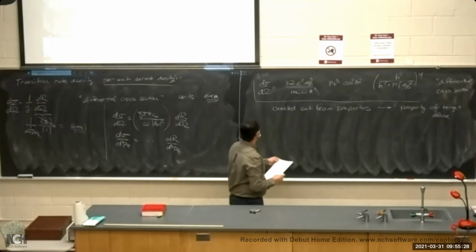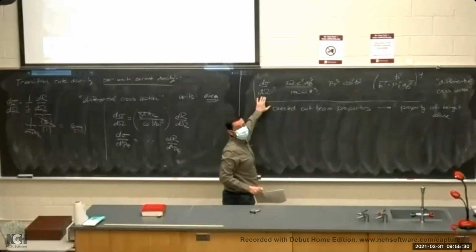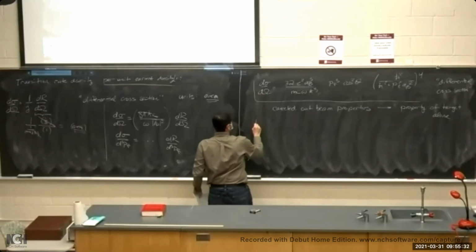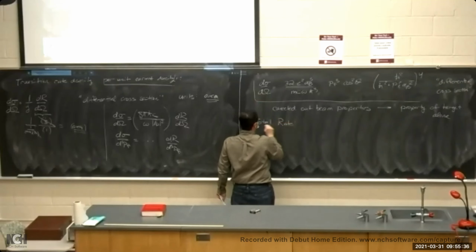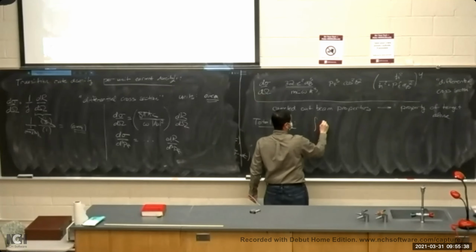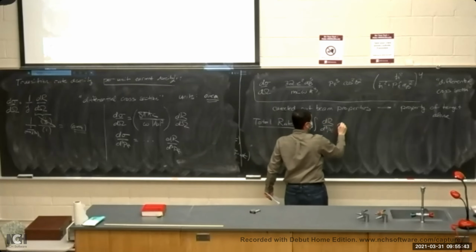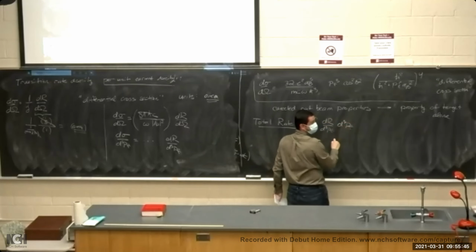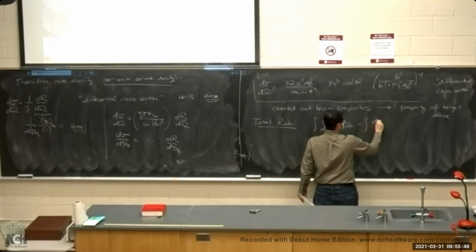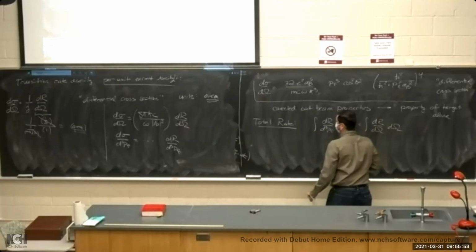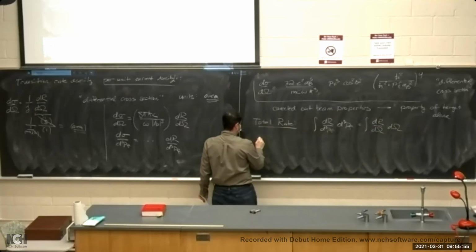Another thing that you can calculate related to this is the total cross section or the total rate. The total transition rate is what you would get if you took that differential rate per unit momentum and fully integrated it over all momentum. That's the total number of transitions per second. That's of course the same thing as integrating the rate per unit solid angle over all solid angles. And the same thing is true of the total cross section.